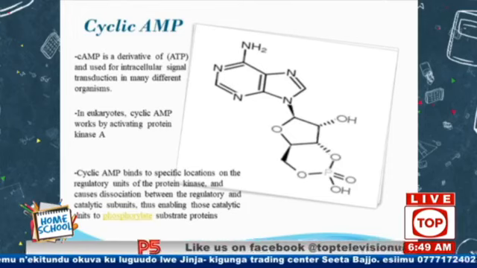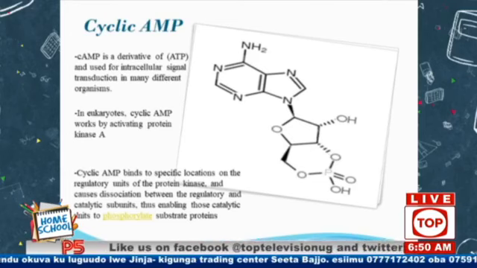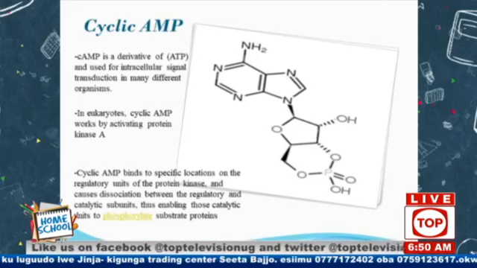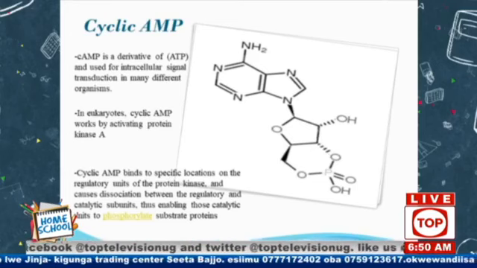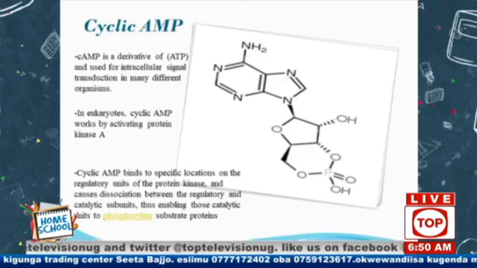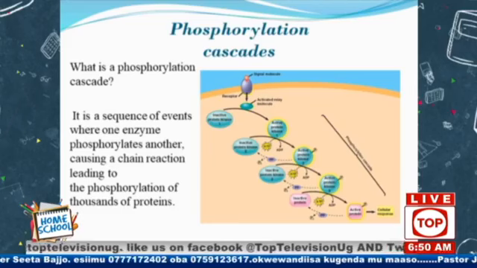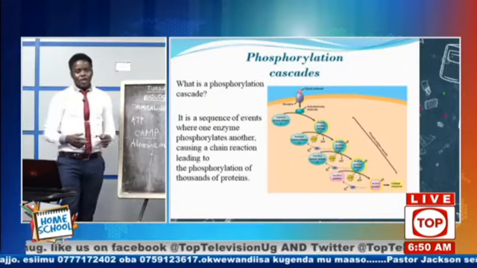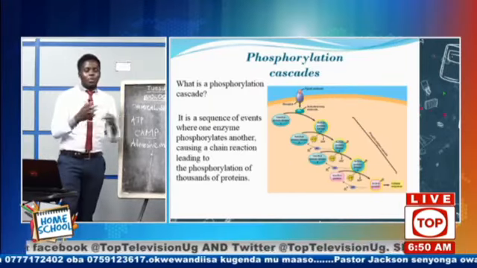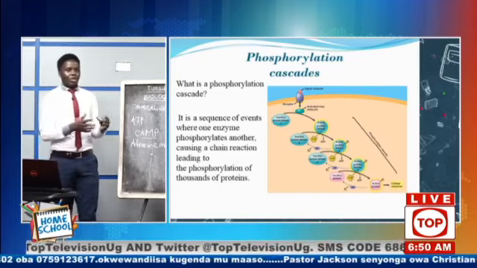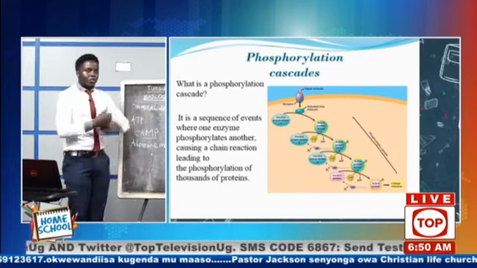So we have looked at the second messenger pathways, but I would like us also to look at the phosphorylation cascades. Please take me to the next slide. What is the phosphorylation cascade? It is a sequence of events where one molecule phosphorylates another molecule. We know phosphorylation is adding a phosphate group.